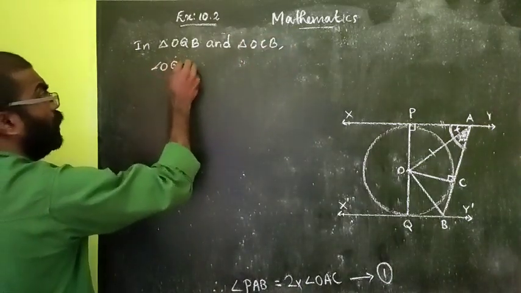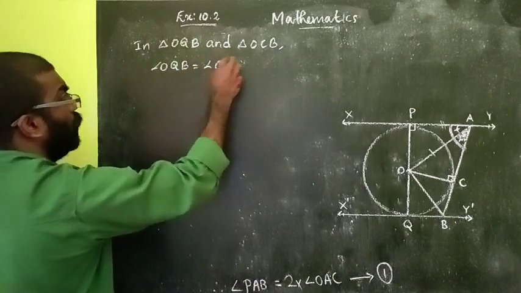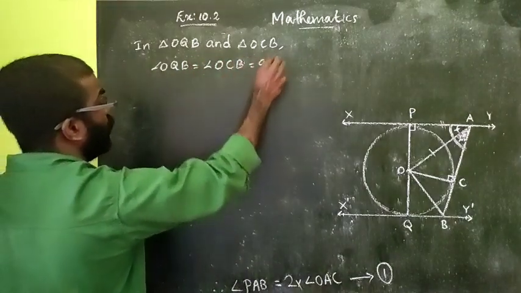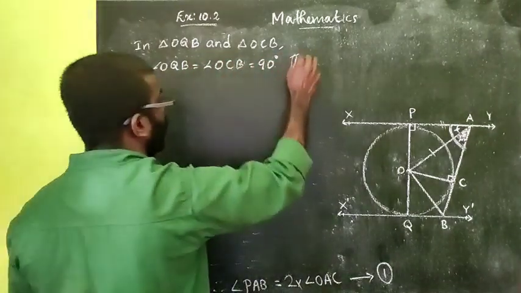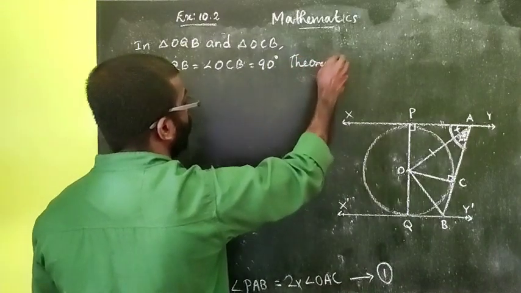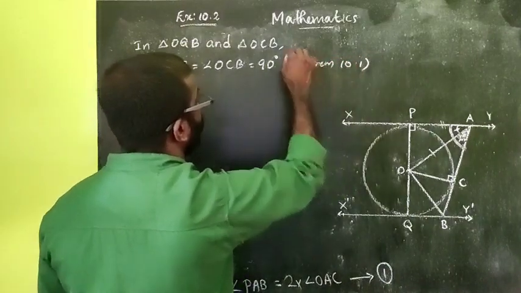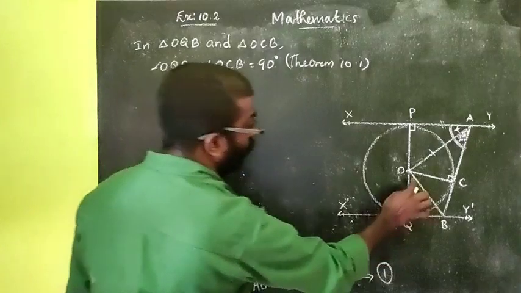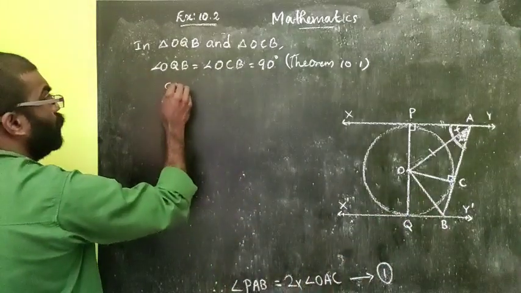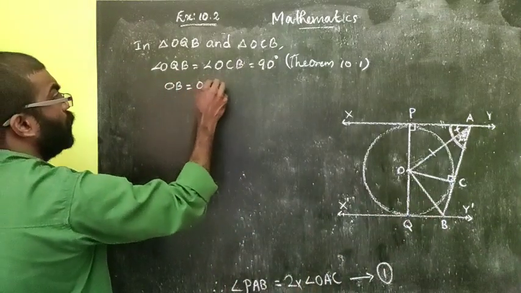Angle OQB is equal to angle OCB, each 90 degrees by theorem 10.1. And OB is the common side. OB is equal to OB, common.